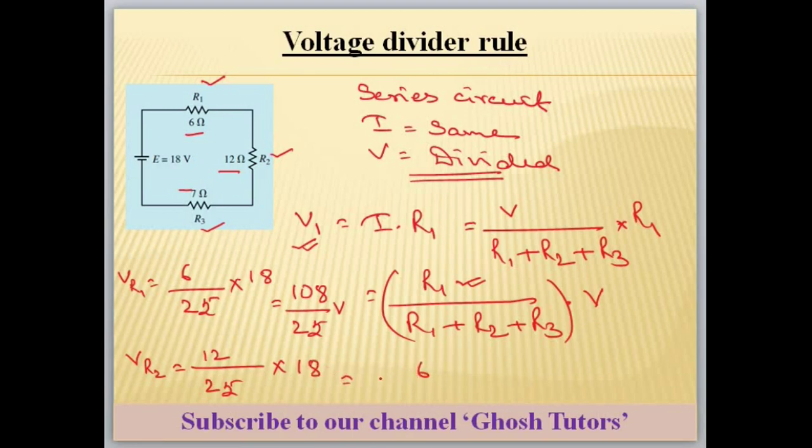Similarly, you can calculate V across R3. It will be 7 by 25 into 18. You can calculate it by yourself also.